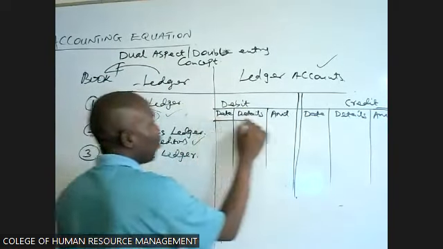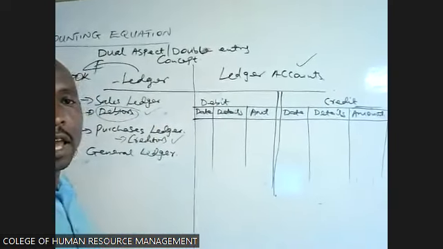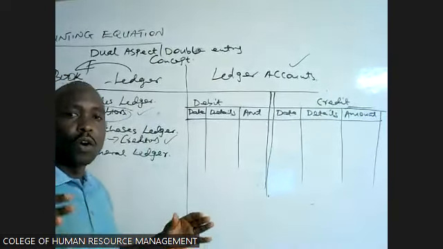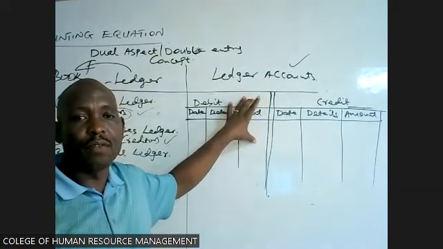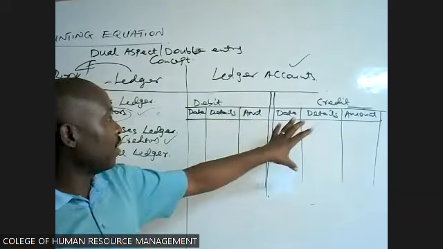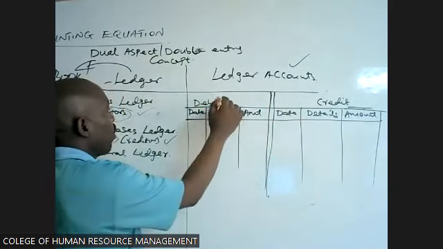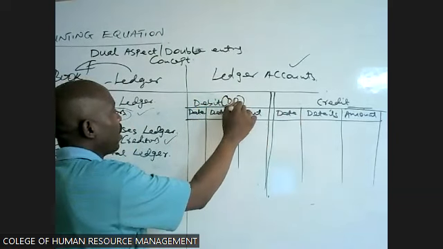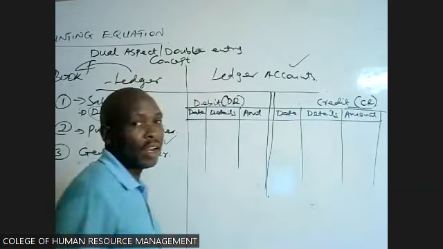So that is how your account, or the page, will be. Every page of the ledger will have this format. It will have two sides. The left-hand side, we call it the debit, and we are going to abbreviate it as Dr. This one is known as the credit. We are going to abbreviate it as Cr.